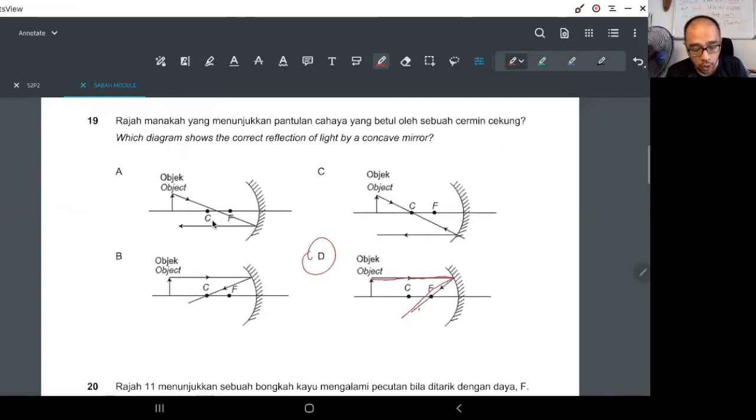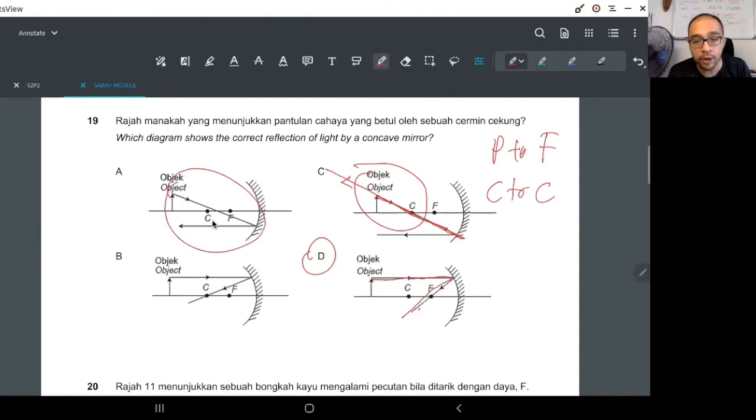Why is this wrong? This is going from C. Now, if it is traveling from the center, it can only reflect back to the center. Center to center. Parallel to focus, center to center. So that's why C is wrong, because if it passes through the center, it cannot be reflected parallel.